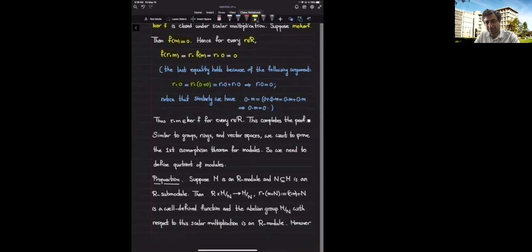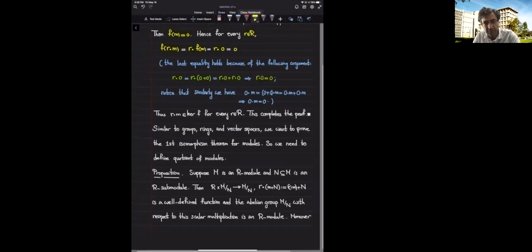Now, scalar multiplication has the distribution property on both sides, in particular on the module side. So it is r times 0 plus r times 0. Now, the module under addition is a group, so I can cancel out one r times 0 by the other, and end up getting that the remaining one is just 0. So r times 0 is 0.